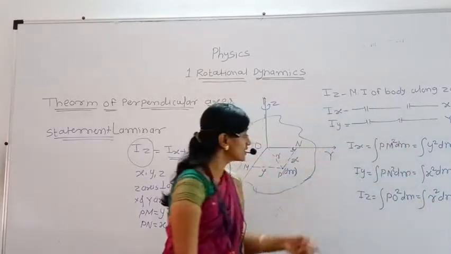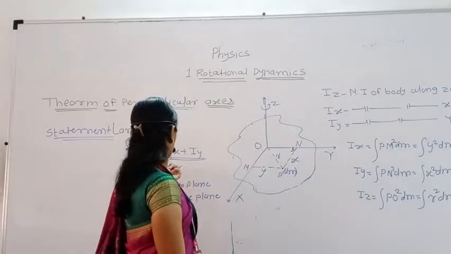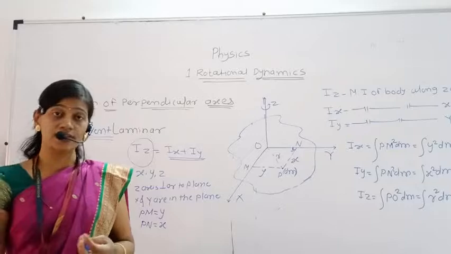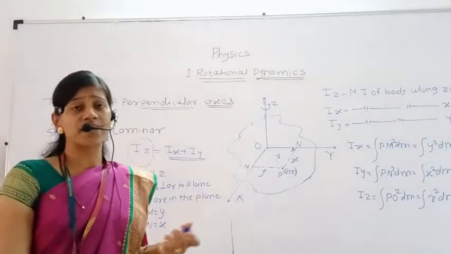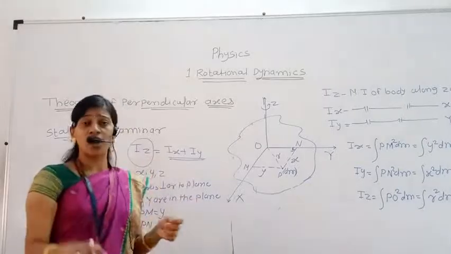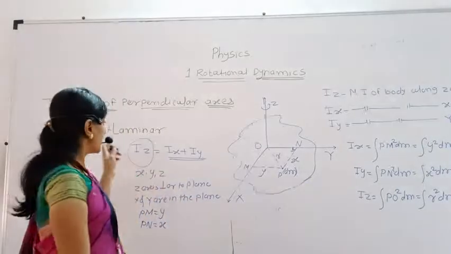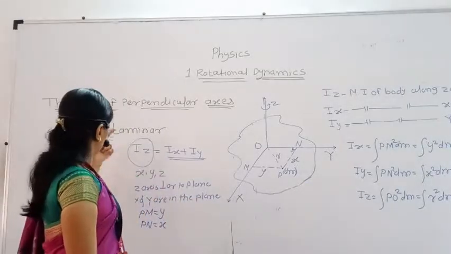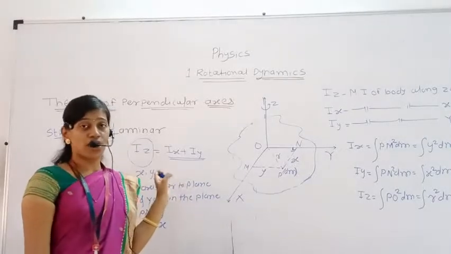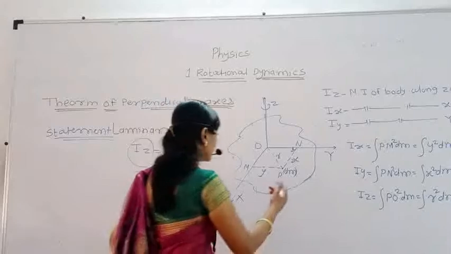Now these are the values. Now we have to see that the statement given as per the perpendicular axis theorem is true. That means the mathematical formula of that statement is written, and we have to prove it. The statement we got gives us the equation, and that equation we have to prove here.